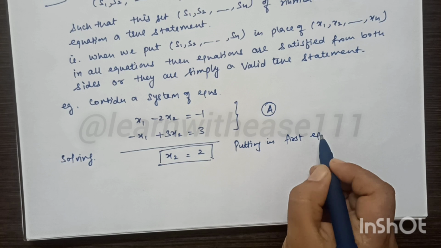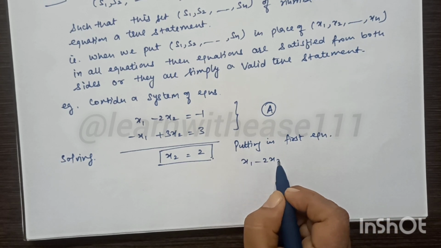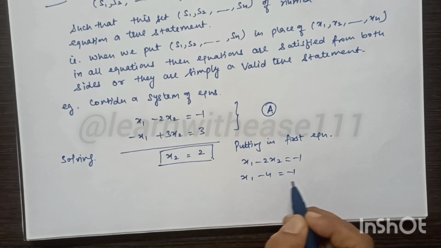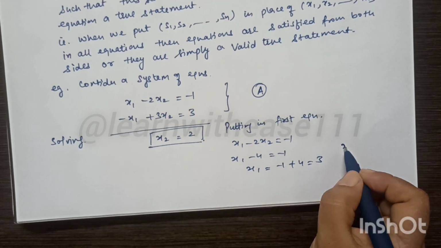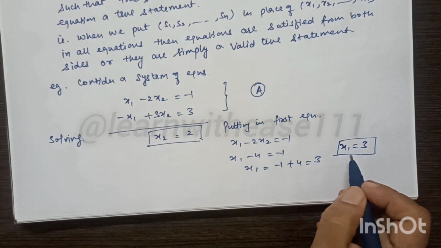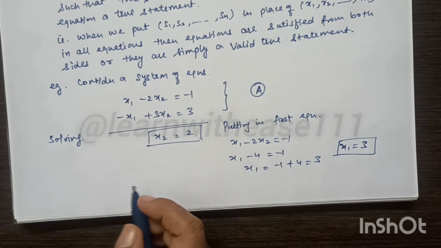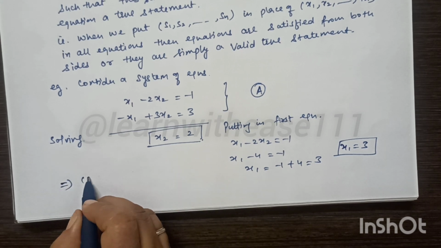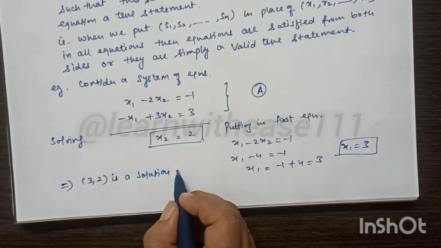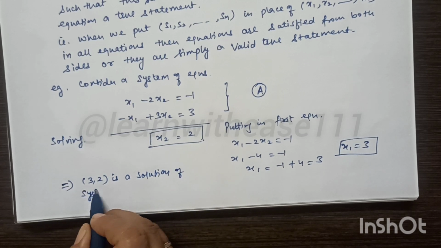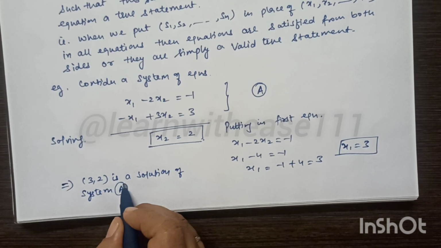Putting that value in any of the equations, I am putting it in the first, x1 comes out as 3. So the final answer, like we give in the coordinate system, is 3, 2. पहला वेरिएबल आप पहले लिखेंगे, दूसरा बाद में. 3, 2 is a solution of the given system of linear equations.